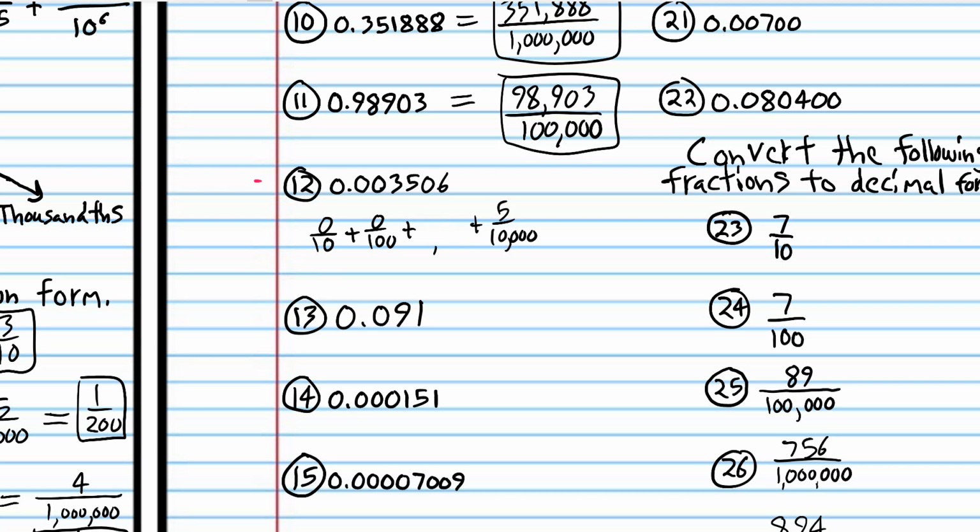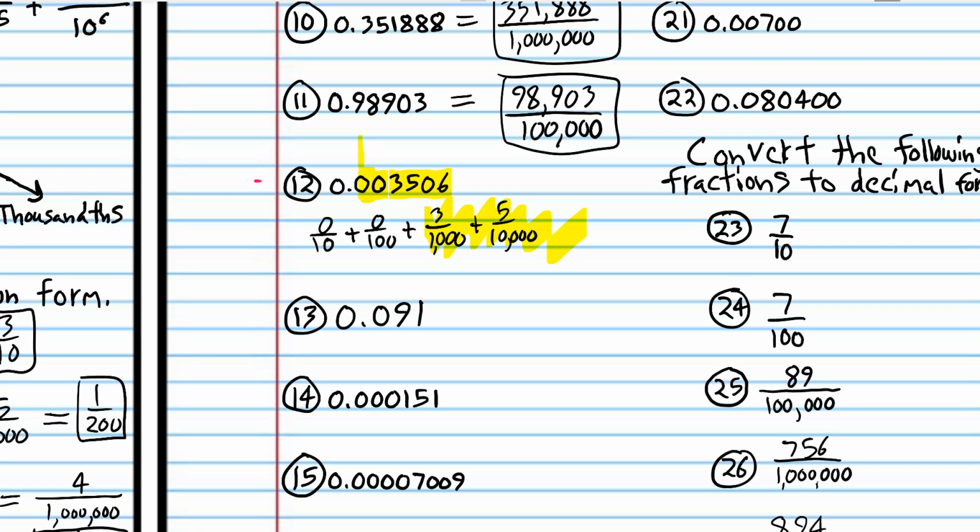And when you add all these numbers up, you're just going to get 3,506. Even though the 6 is in the millionths place, this number is only going to be 3,506 because these numbers are just zeros. If these numbers had value, let's say these two zeros were like 7 and 8, then it would be 783,506.